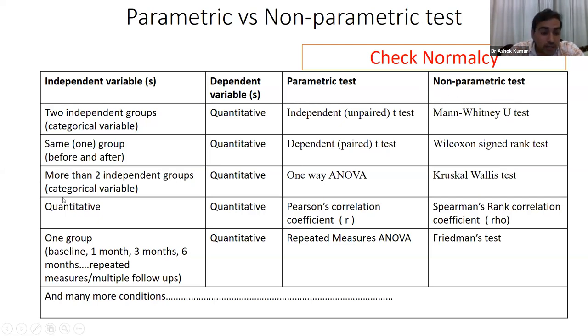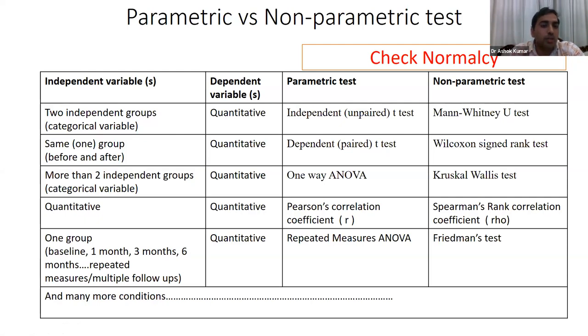So these are some conditions. In condition 1, the independent variable is two independent groups, or a categorical variable. For example: treatment group and control group, male group and female group, mortality and not mortality, improvement and non-improvement.